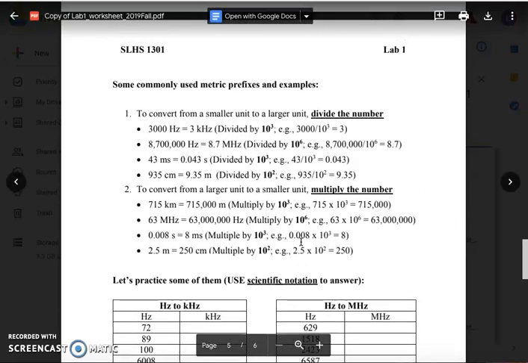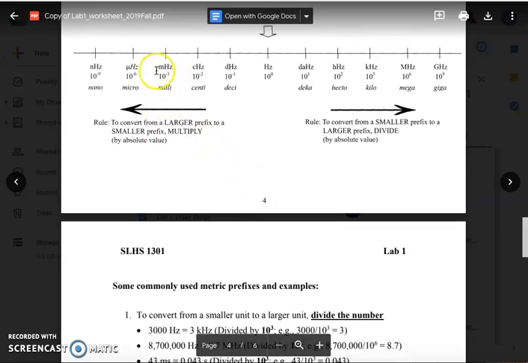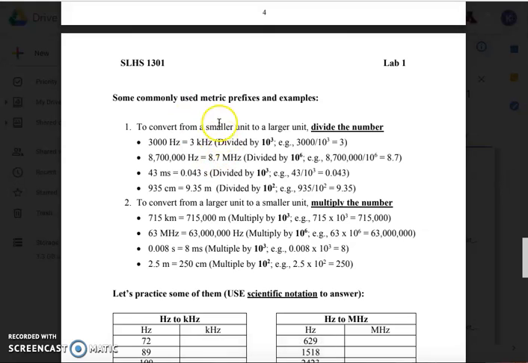If we go back up to page 4 and 5, we know that milliseconds is 10 to the negative 3. And since we're converting from a smaller unit to a larger unit, milliseconds to seconds, we're going to divide the number. And remember, we're dividing the absolute number. So we're dividing by 10 to the power of 3.